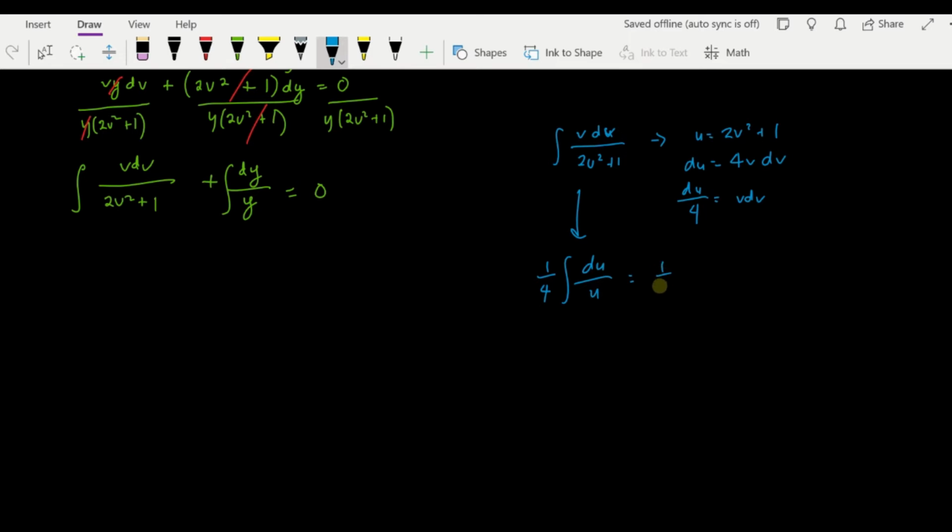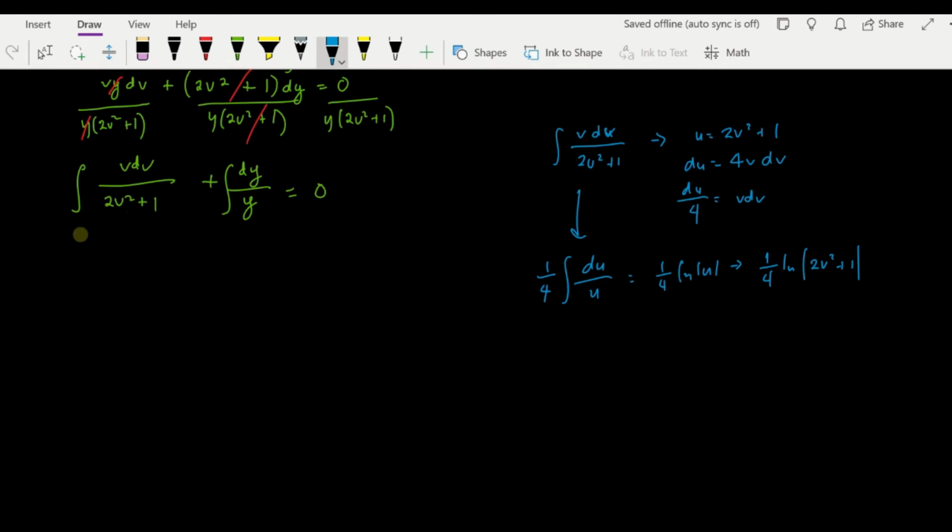So we have 1/4 ln u. Okay? So that is 1/4 ln, ang u natin, 2v squared plus 1. So ito yung magiging integral nito.